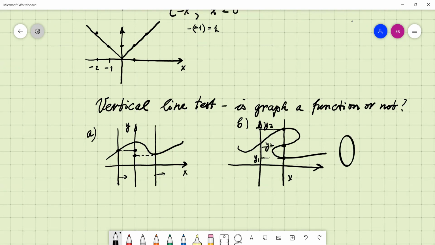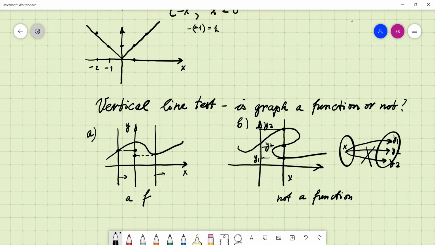We have a situation where one x goes into 3 different y's. We remember that if it's a function, we cannot have 3 different y's. So we can say that this graph is not a function.